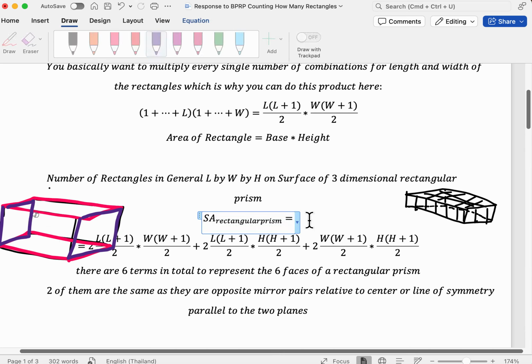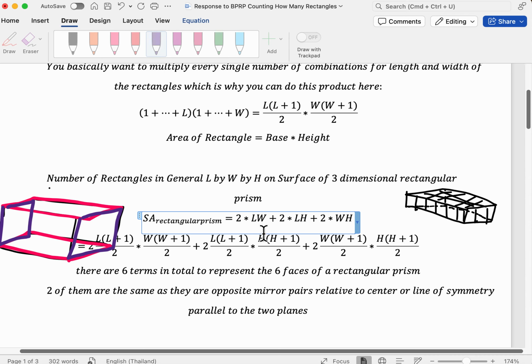Now remember that surface area of a rectangular prism is, okay, 2 times length times width plus 2 times length times height plus 2 times width times height.